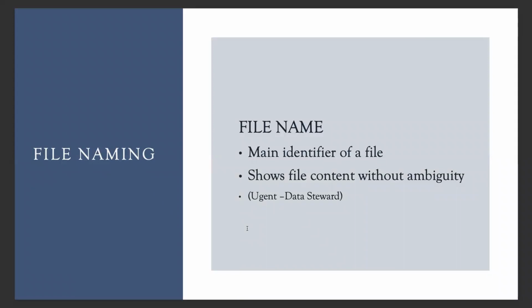Then you have to open the file to make sure there is some difference in the content, and you might be very confused. So you try to reduce ambiguity by giving a proper, concise, and meaningful file name.